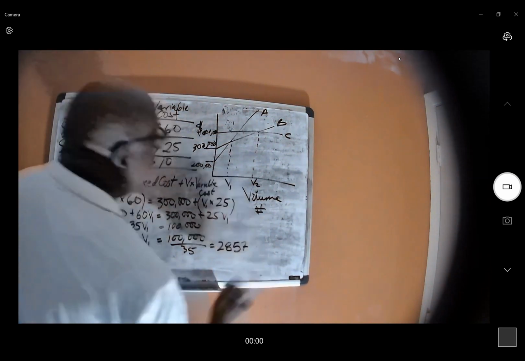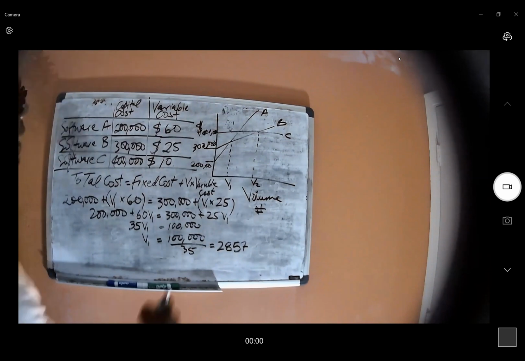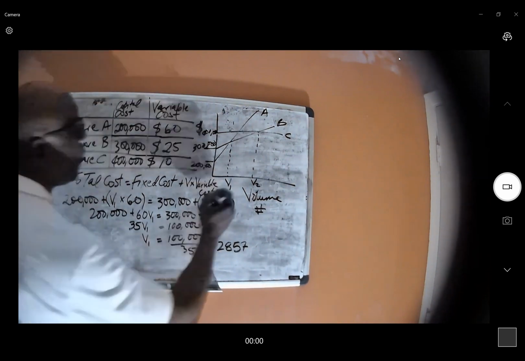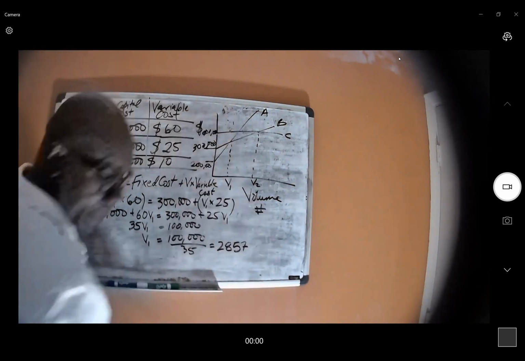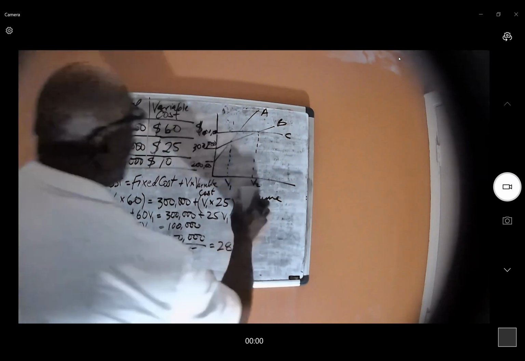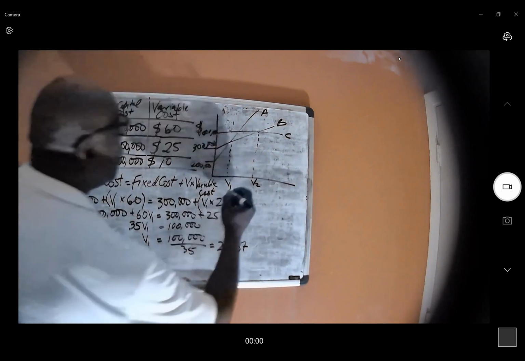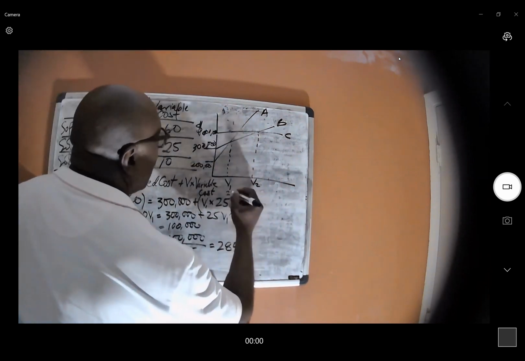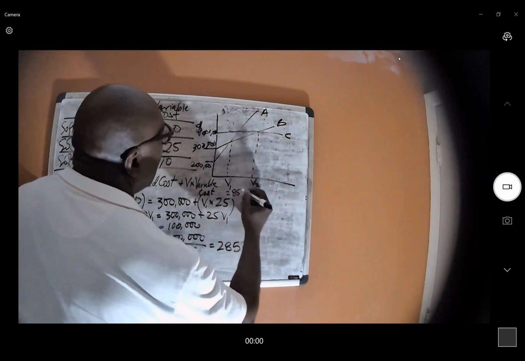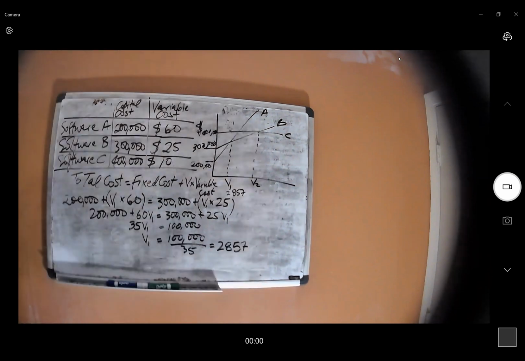All right, so let me try and clean this up. Your V1 is going to be 2,857. That's the V1, right?